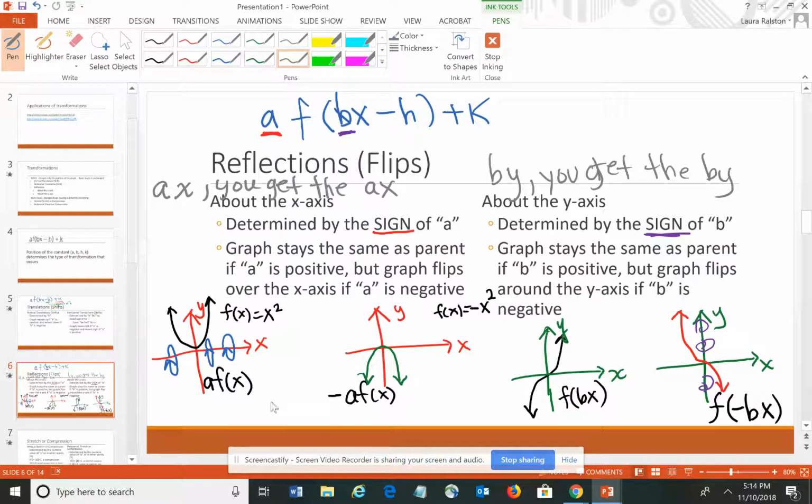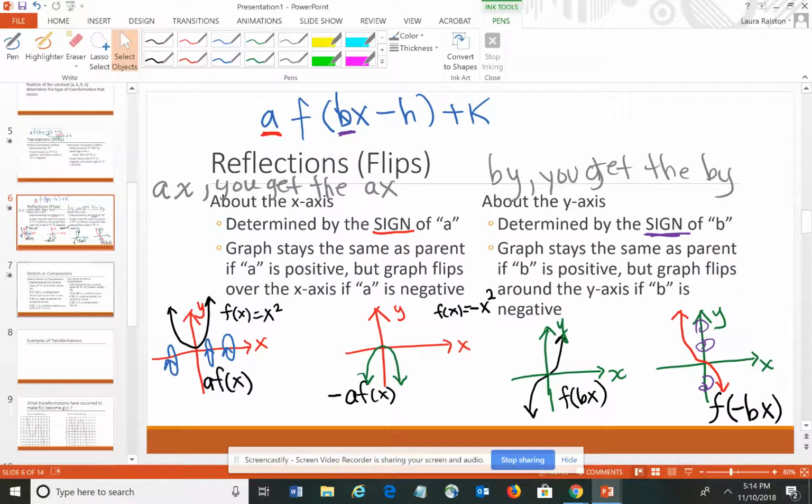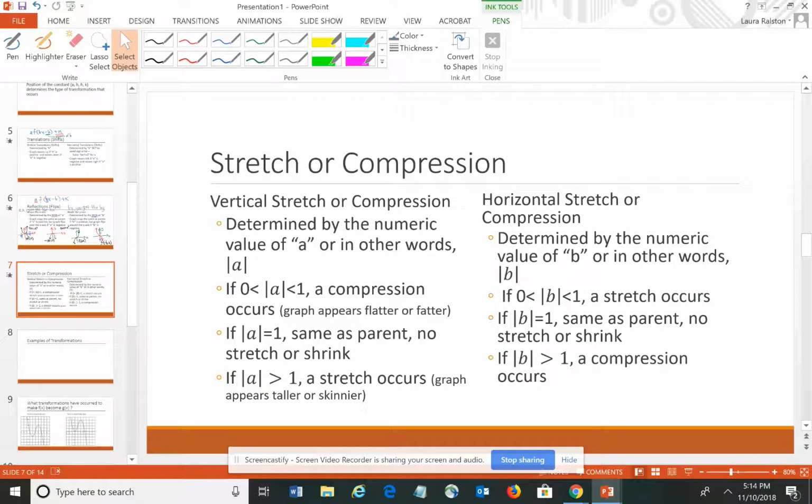remember that information. Continuing on, then we need to talk about stretches or compressions. And again, in that generic form, A and B play a role in whether there's going to be a stretch or a compression. So A and B actually play two roles. The A determines whether there's going to be a vertical stretch or compression.